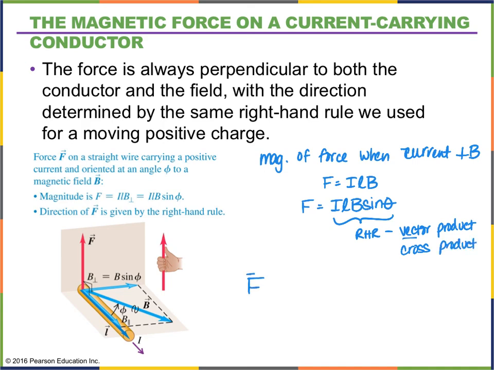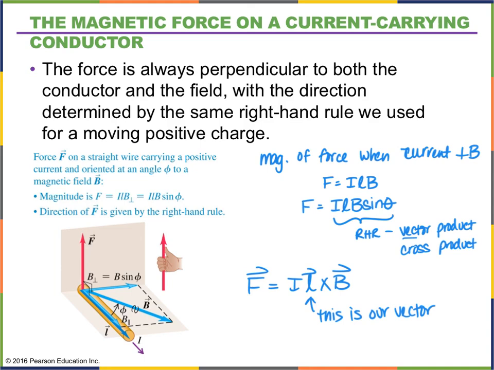The way that we write it is I L cross B. Now this might be kind of weird. Because force is a vector and I'm going to write it as a cross product, I need to take the cross of two vectors.